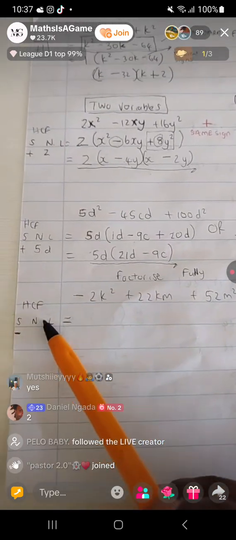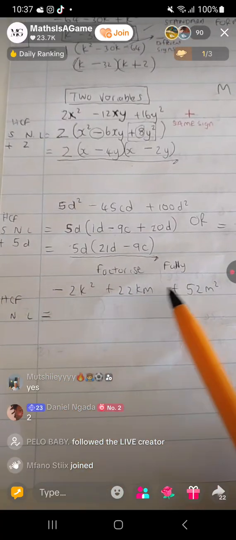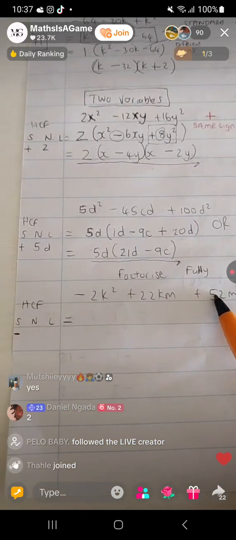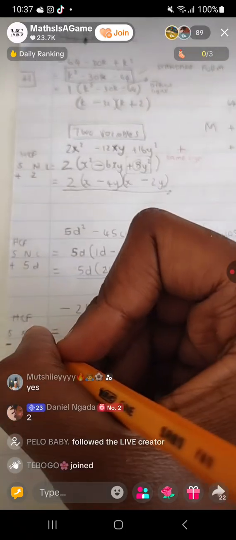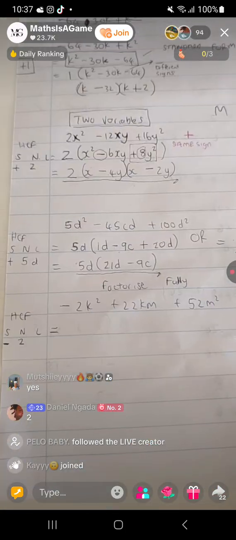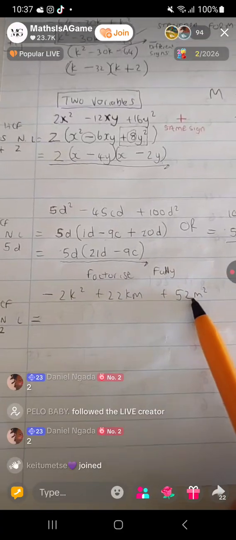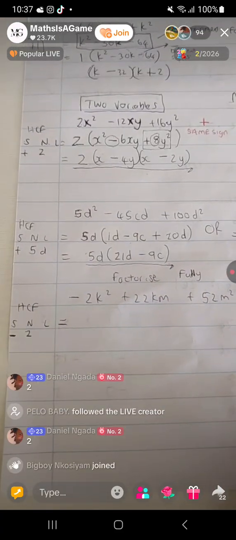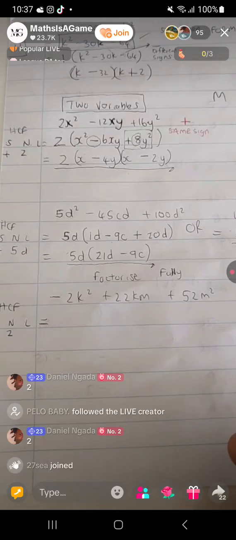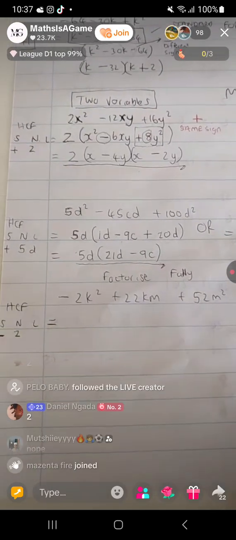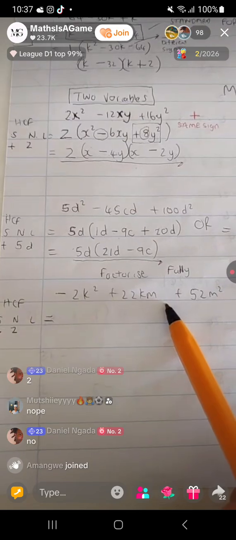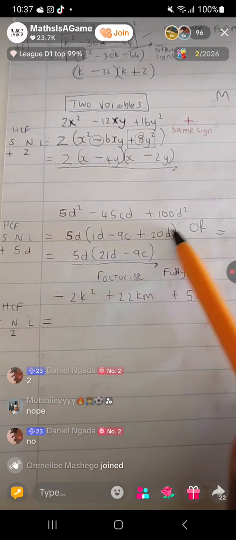What is the highest common factor number between 2, 22, and 52? It is 2. What is the highest common factor letter? Okay, do we have a highest common factor letter in this situation? I think not. We don't have a highest common factor letter in this situation, unlike the previous one.